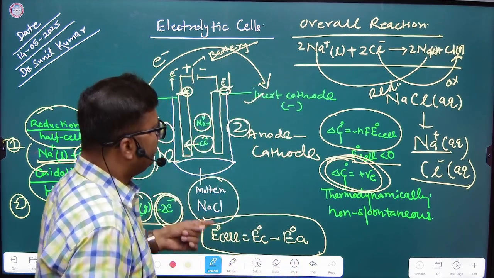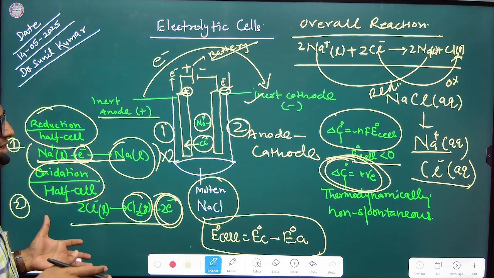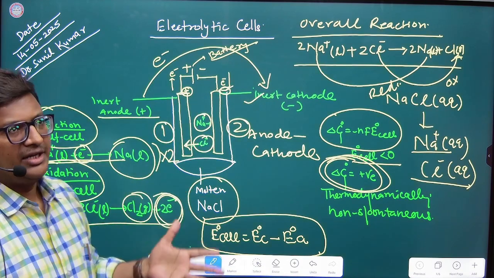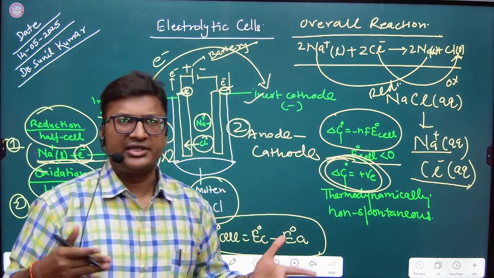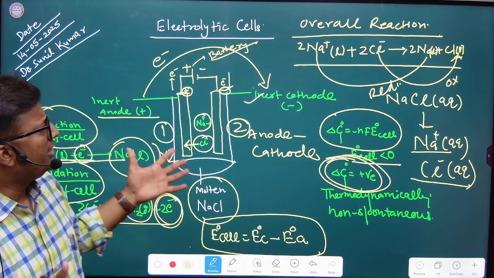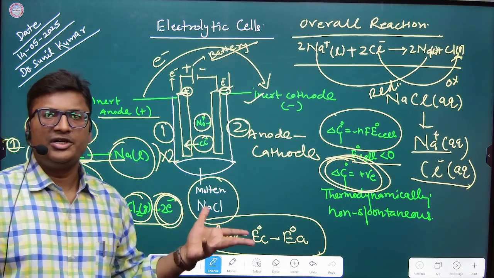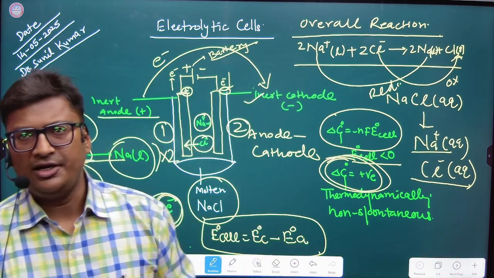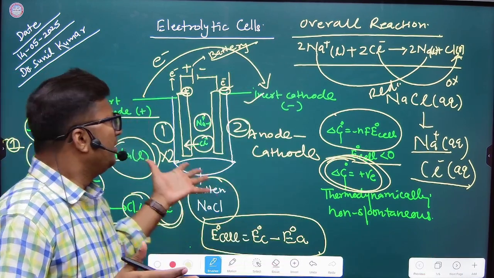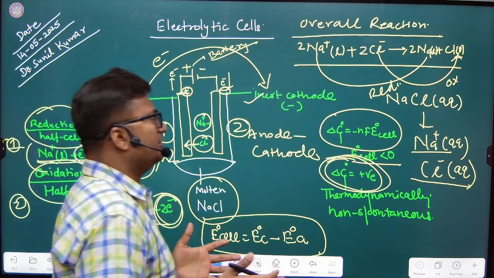So the main difference between the galvanic cell and the electrolytic cell is that in the galvanic cell, we create spontaneous reactions to create electrical energy, meaning chemical energy is converted into electrical energy. But in the electrolytic cell, electrical energy is converted into chemical energy, right?